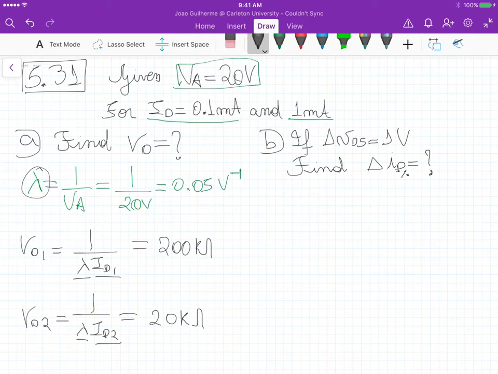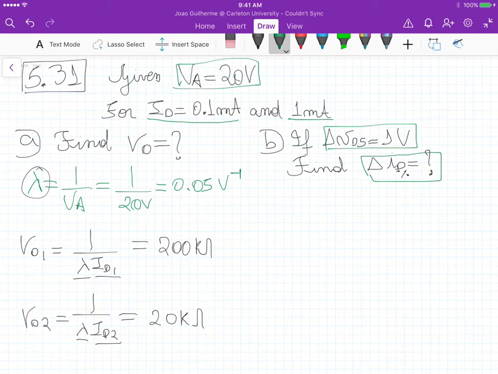Now for part B, we are changing VDS by 1 volt, and we want to find out the percentage change in the drain current.